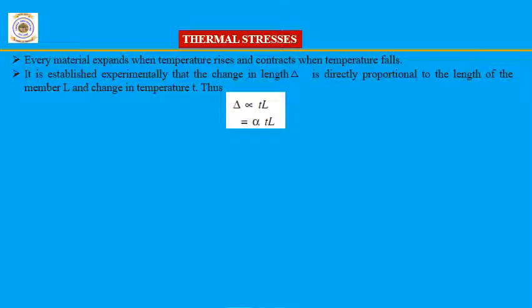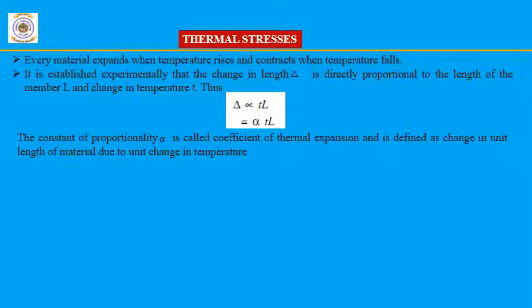Therefore we can write this equation as delta is equal to alpha into T into L, where alpha is the proportionality constant called coefficient of thermal expansion. We know the definition of coefficient of thermal expansion, that is, change in unit length of material due to unit change in temperature.